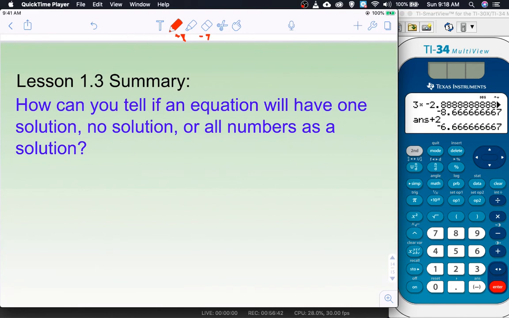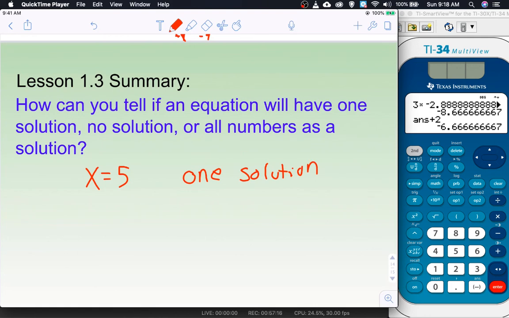Summary. How can you tell if an equation will have one solution, no solution, or all numbers as a solution? Think about it. When you're ready to continue, hit play, and then we'll go through it together. So when you're solving an equation, if you got something like x equals 5, where you still have an x, that has one solution.